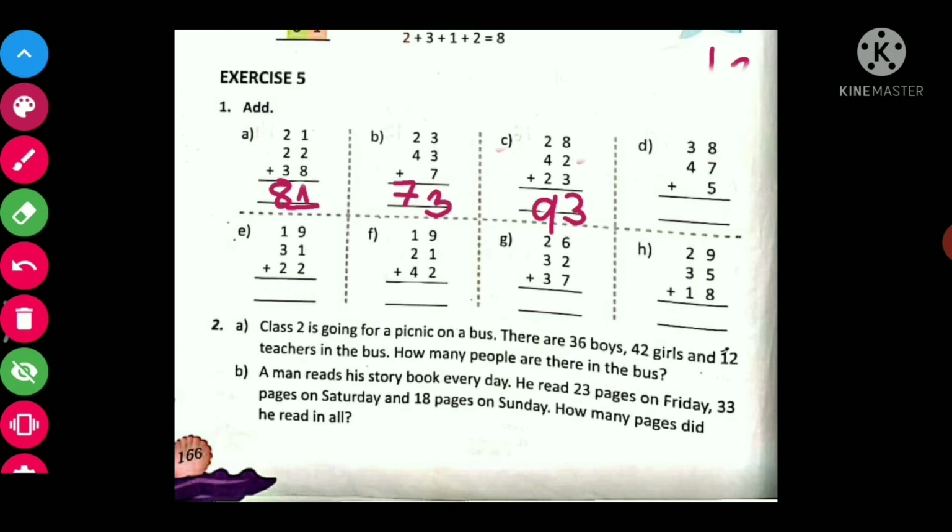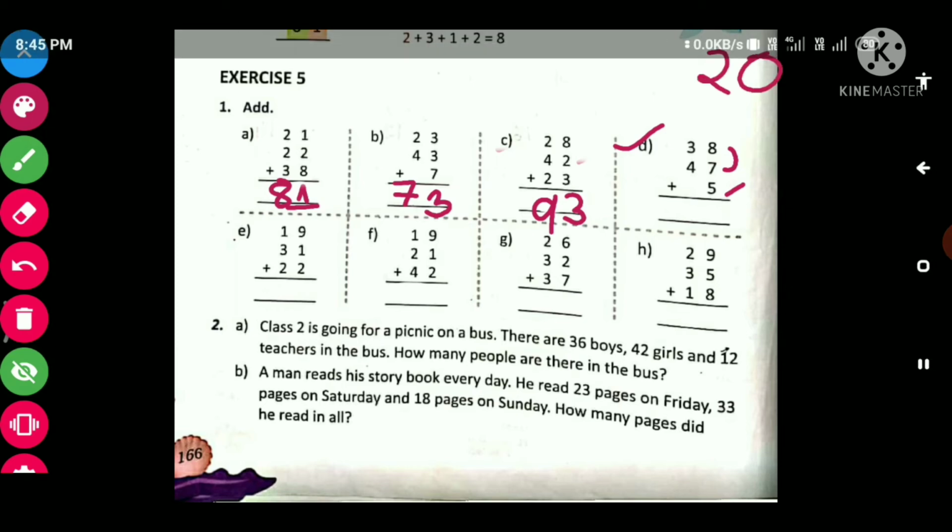Okay, now see the D part. So 8 plus 7, it will be how much? 15, right? Okay, 15 plus 5, it will be how much? 20. So we'll get 20.